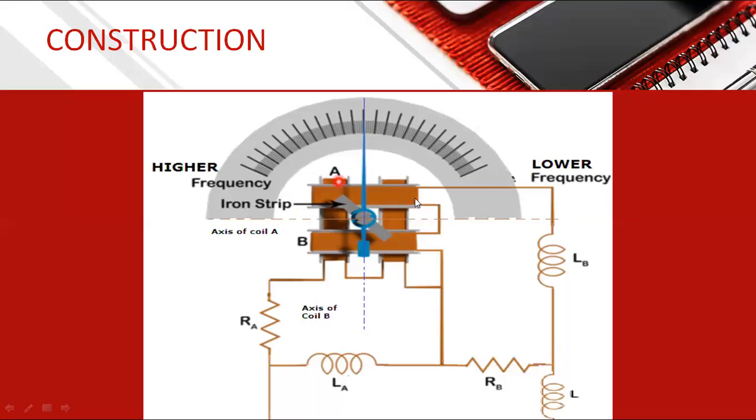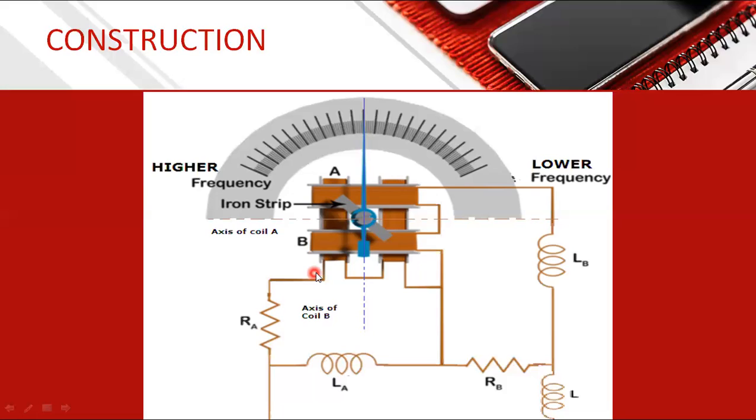Once we have understood the parts, let us see there are some other elements here connected in the circuit of Weston type frequency meter. We see an inductor and a resistor connected to each coils, and we have another inductor which is connected to the whole circuit in series. So first we'll see how the circuit of coil A is.